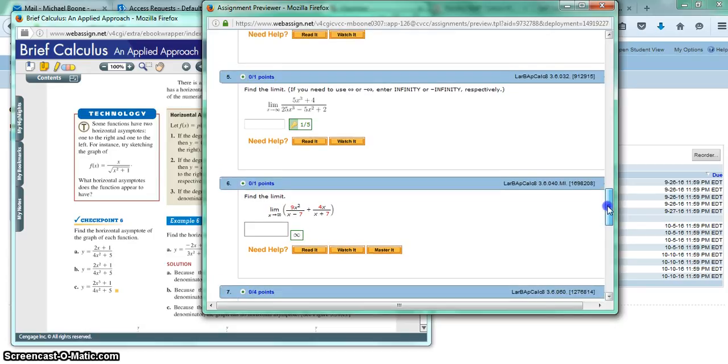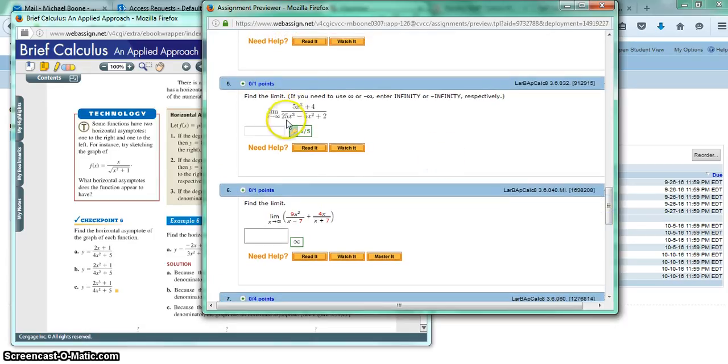Looking at number 5, the degrees are the same on top and bottom, and so when we're going to infinity, that's where we find our horizontal asymptotes. As we go to infinity, since the degrees are the same, we're just looking at the ratio of our leading coefficients.